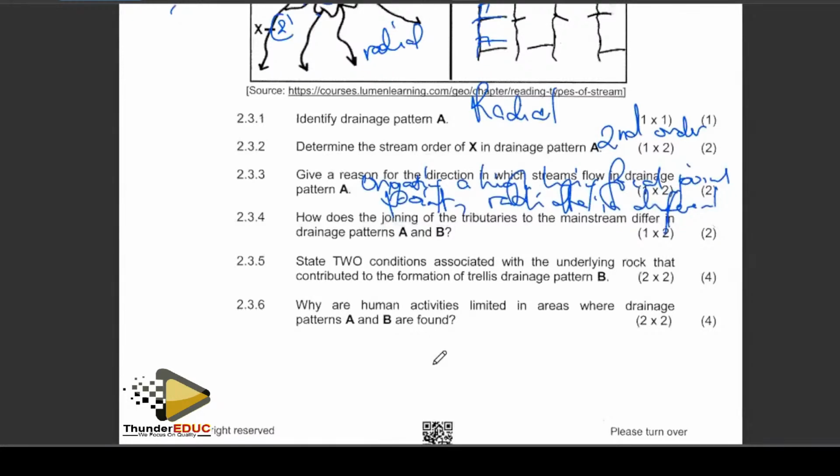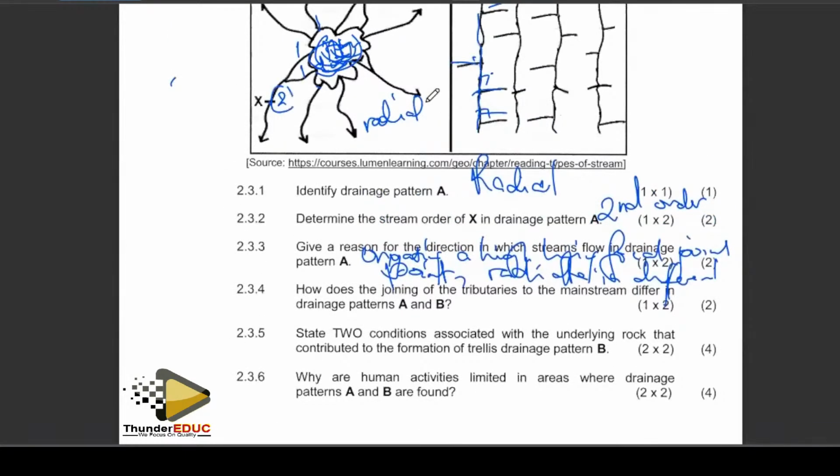State 2 conditions associated: how does the joining of tributaries to the main stream differ in A and B? Check here, the joining of the streams is different. If we check here, there's a confluence here, what's the angle, and there's another confluence there.